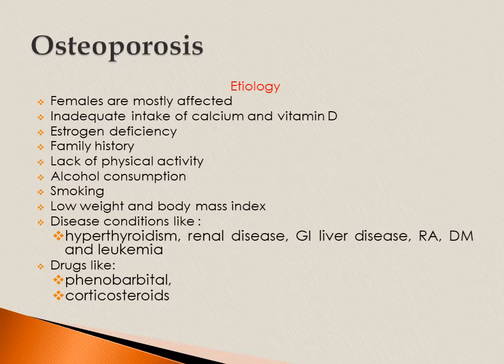Osteoporosis occurs due to inadequate intake of calcium and vitamin D, lack of physical activity, alcohol consumption and smoking, estrogen deficiency, low weight and body mass index, and some disease conditions like hyperthyroidism, renal disease, rheumatoid arthritis, diabetes mellitus, and leukemia. Drugs like phenobarbital and corticosteroids are also causative agents for osteoporosis.